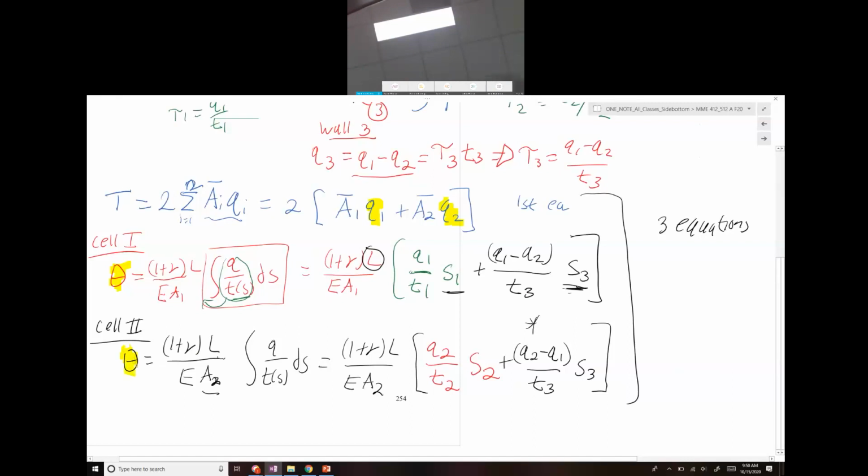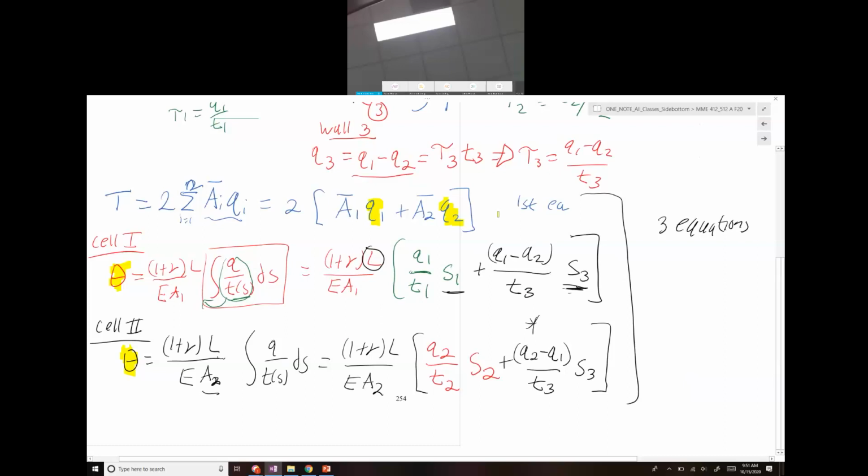So what you could do is rearrange these equations, and solve the first equation in terms of Q1 or Q2, and then plug that into the other 2 equations, and then you could put theta in terms of Q1 or Q2, and then you could solve the last one, okay? So you can see that these problems would get relatively tedious pretty quickly.